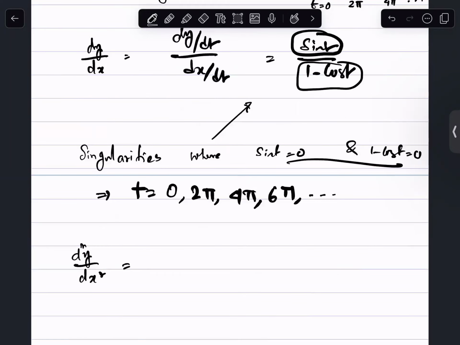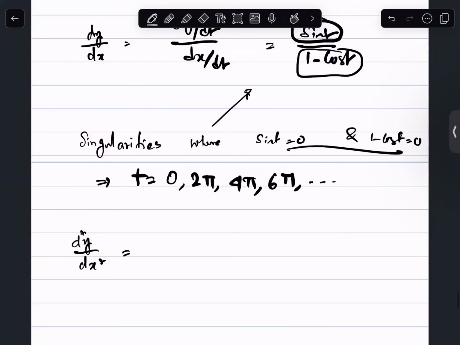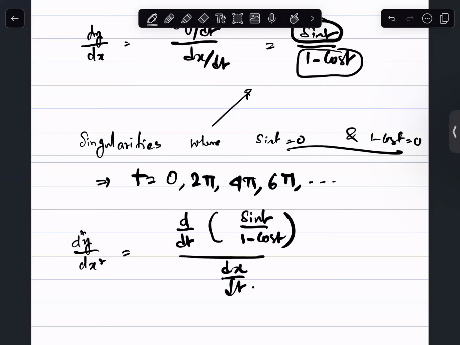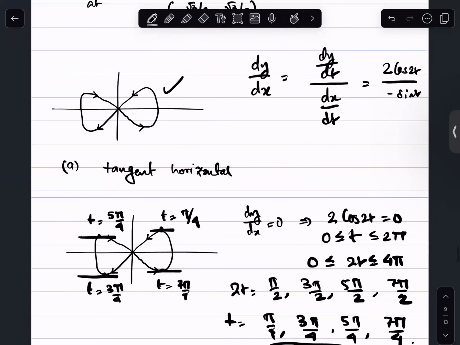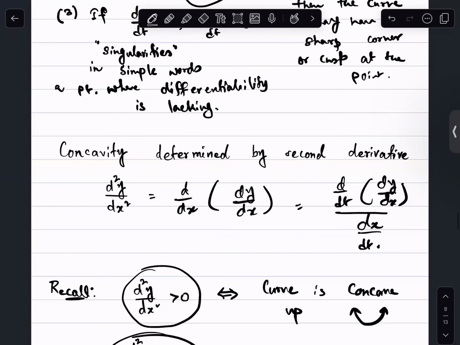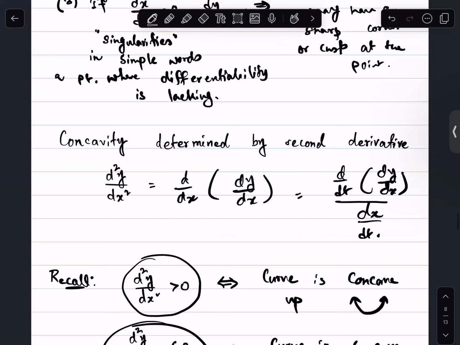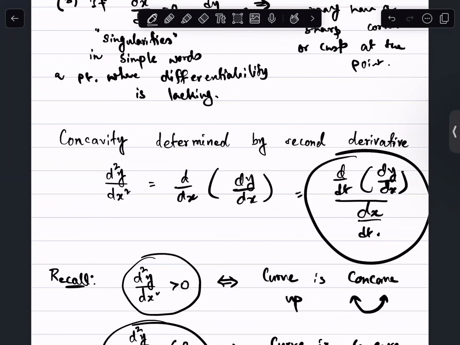Now the question is, I have to find the concavity of the curve. For that, I had to do the second derivative, and I have written the formula for the second derivative, which will be like this. Here I have used this formula. Let me show you the formula once again. Yeah, I have used this expression.